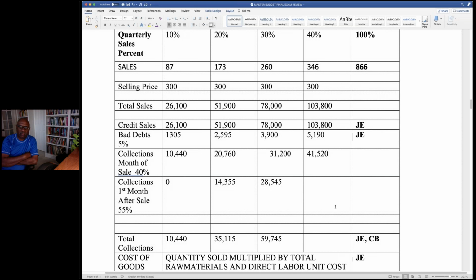And then 55% of 78,000 from the third quarter would be 42,900.